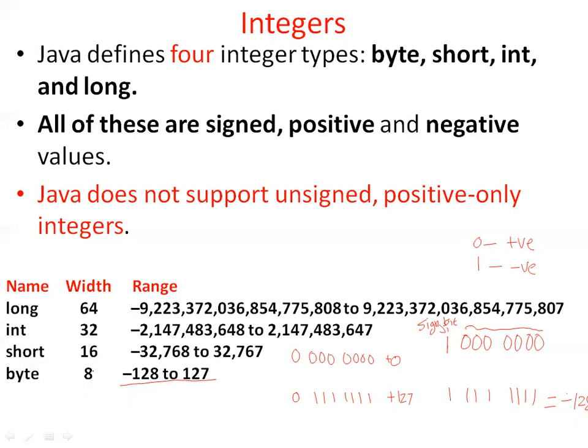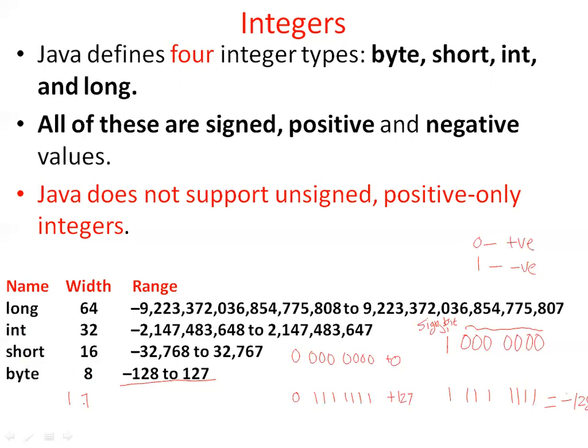You can remember this using a simple formula. If 8-bit memory is allocated, 1 bit is allocated for the sign, then the remaining 7 bits will be used for storing the actual value of the variable or the number.